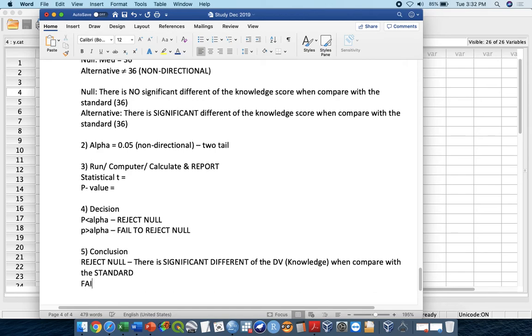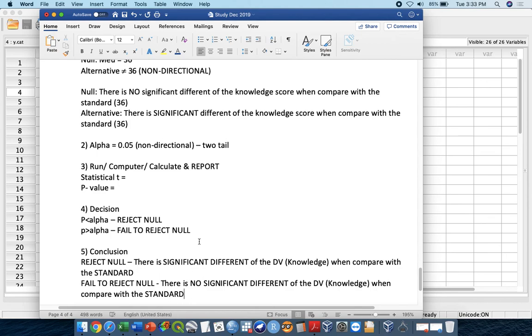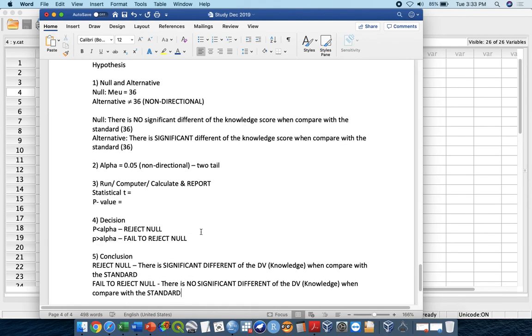If you fail to reject the null, what is your conclusion? There is no significant difference of the DV, knowledge, when compared with the standard. Okay, so now the process is completed. Are you ready to run the analysis or not?